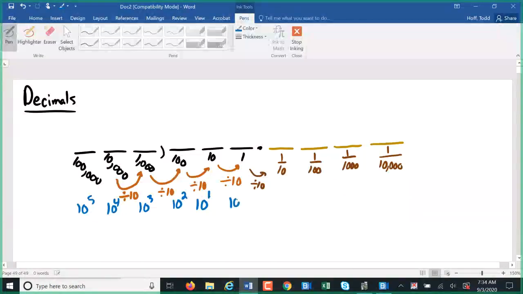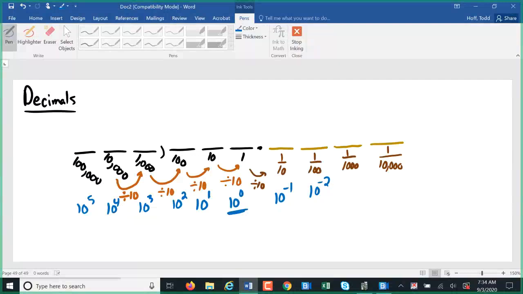Well, 10 to the 0 is actually 1. This is 10 to the negative 1 and 10 to the negative 2. We haven't talked about negative powers yet in their meaning, but they're called reciprocals. They're fractions. And because there is no negative of 0, there can't be a ones place after the decimal point. That's the negative power of 10 place values.